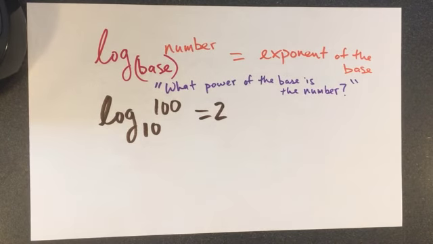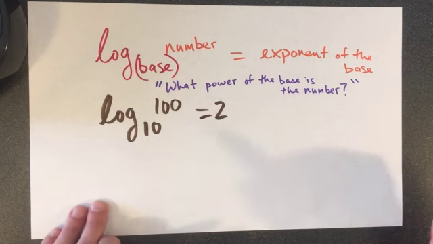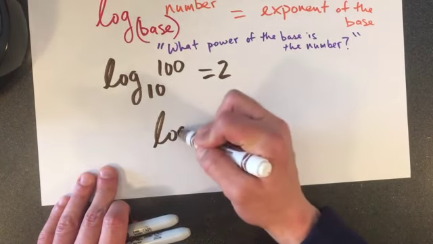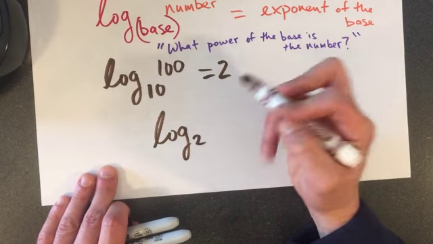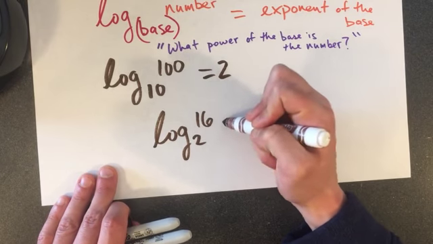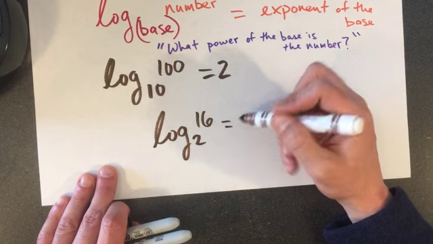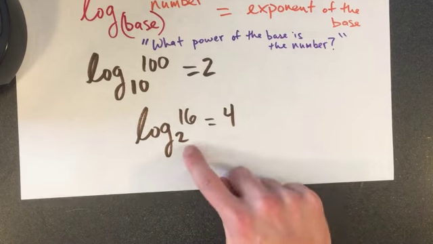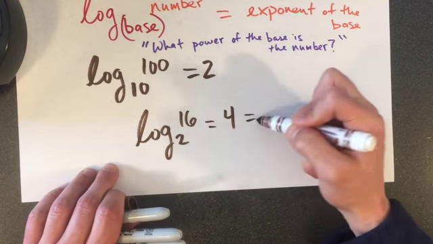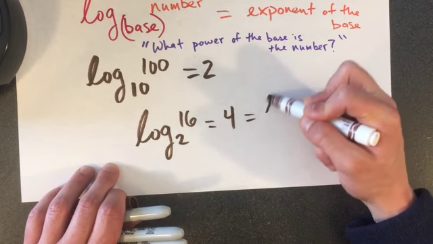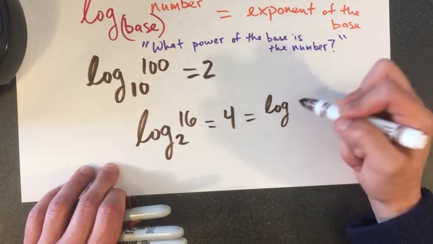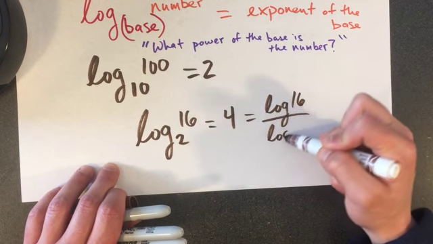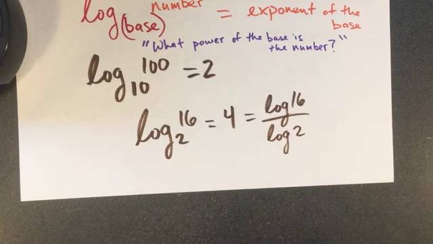And this is a powerful tool, by the way. I can use different bases. We're not going to do that at this point, but just to show you an example, I have log base 2, and let's take 16. Well, log base 2 of 16 is 4. And if I wanted to put this in a calculator to check it, I'd have to write this as log of 16 divided by log of 2, I think, will get me the correct answer.